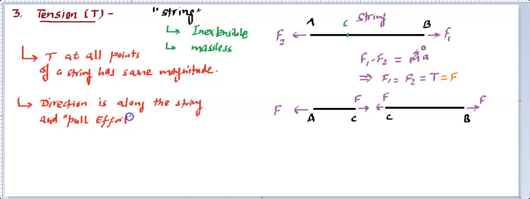Pull effort means it's going to pull. That means tension can always pull things, it cannot push things. Unlike the normal reaction, which always pushes; the normal reaction cannot pull. So these are the differences.